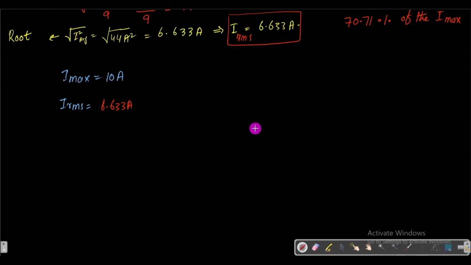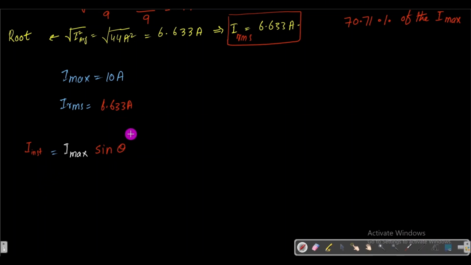Let's say the current at any instant is given by this formula: I instantaneous is equal to I maximum into sine theta.